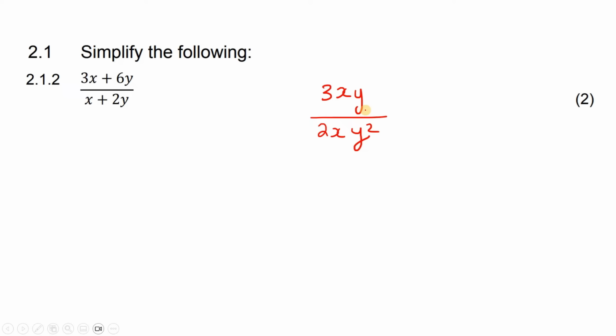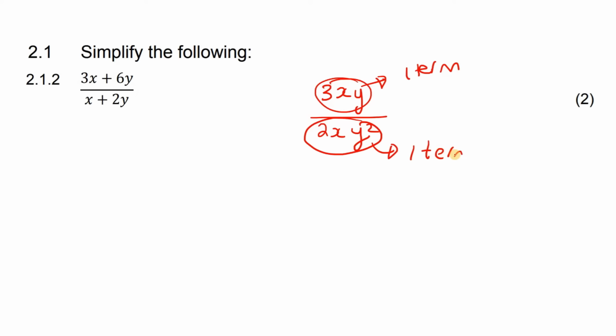Now, in this type of scenario, how many terms do you see at the top? Well, there is 1 term. How many terms do you see at the bottom? There is 1 term. When you have only 1 term at the top and 1 term at the bottom, then you can cancel. So then you could, for example, say that this x can cancel with this x.